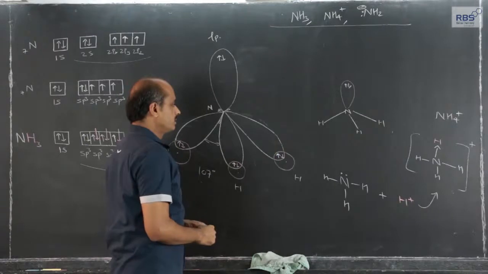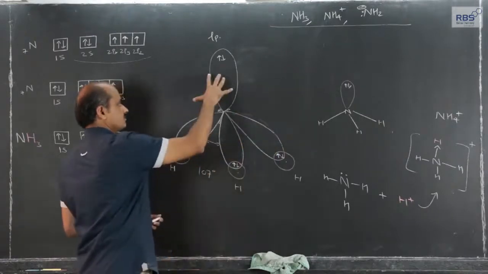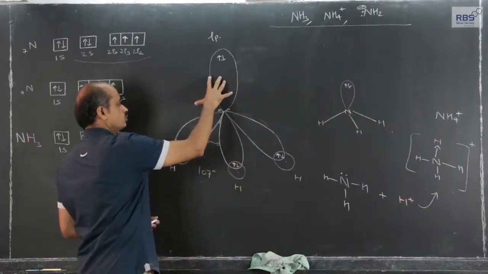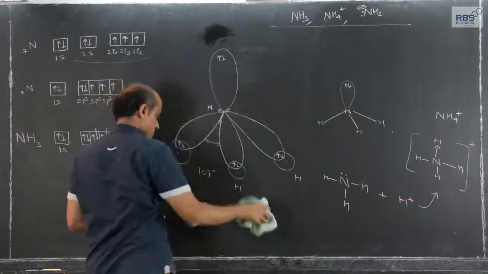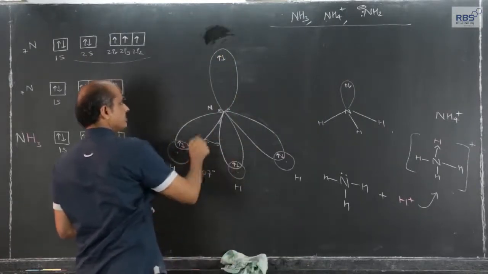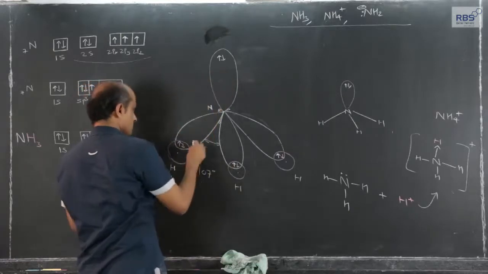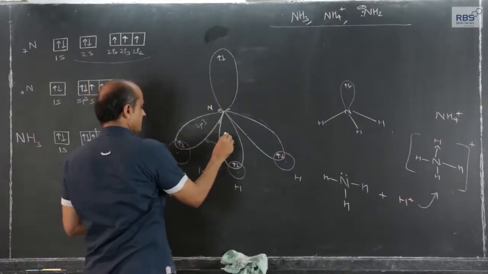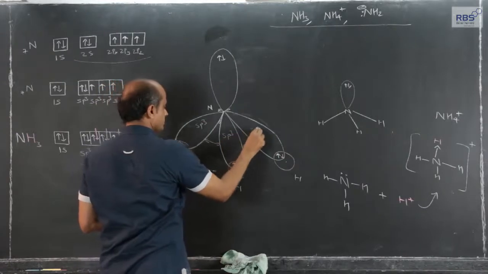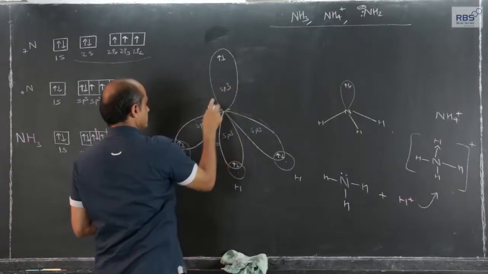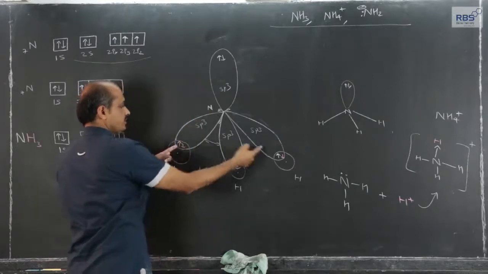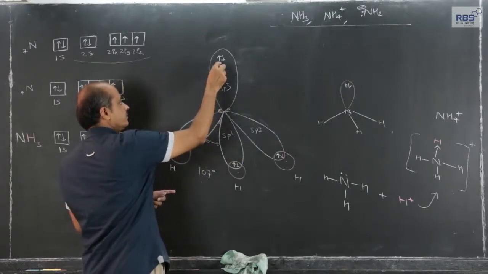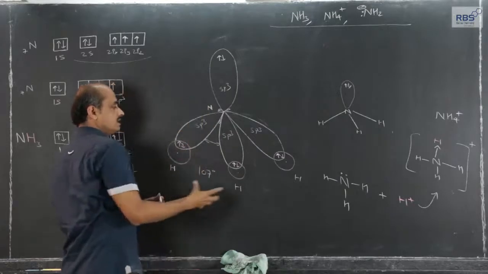If I wish to show that ammonium ion here, what has happened is this: ammonia has 3 bond pairs and an sp3 hybrid orbital. Nitrogen undergoes sp3 hybridization, with 3 bond pairs and 1 sp3 orbital which was containing a lone pair.